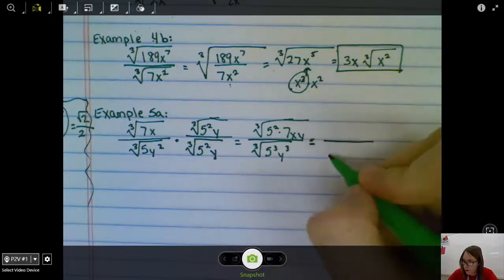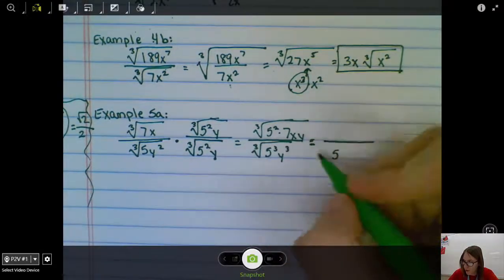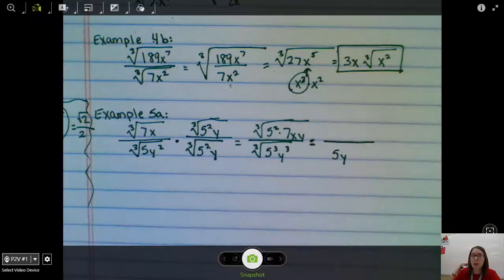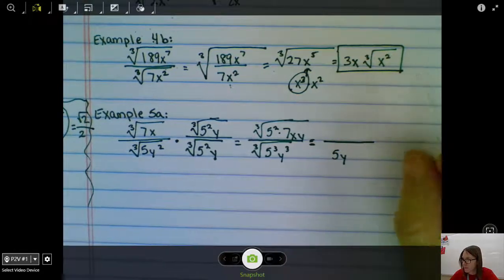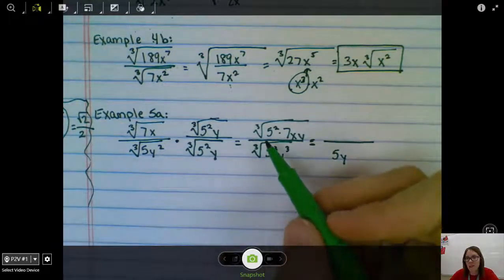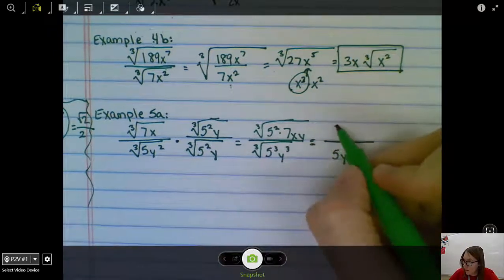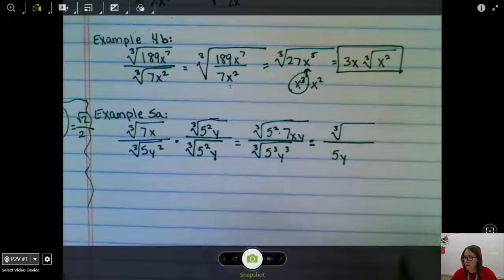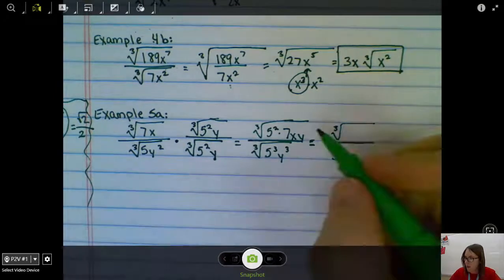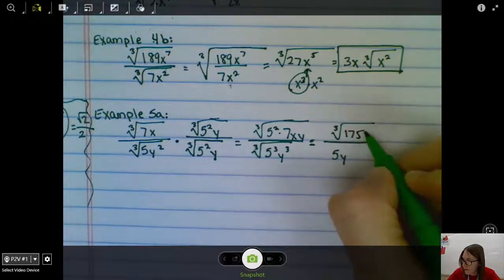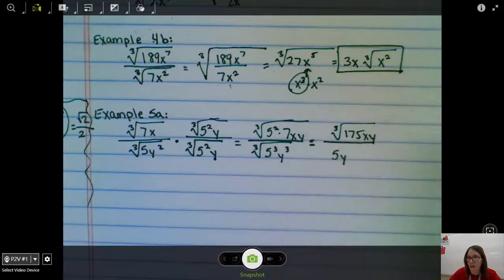Well, the cube root of 5 cubed is 5. Cube root of y cubed is y. And it's cube root, odd roots, no absolute value. All right, up here, we have cube root 5 squared times 7 is 175 xy.